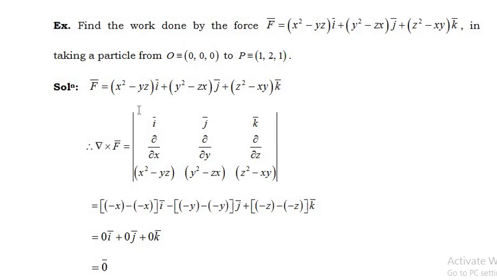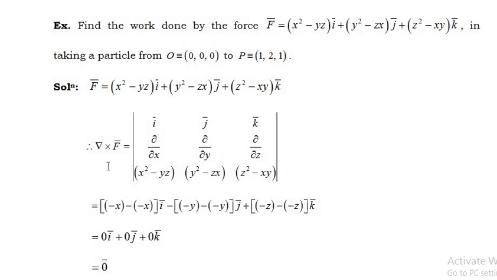Solution. F bar is given like this. Clearly we see that the path is not given. So we should be wise enough to understand that we have to check whether the force field is irrotational or not.